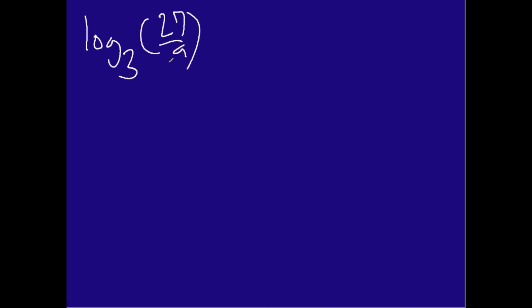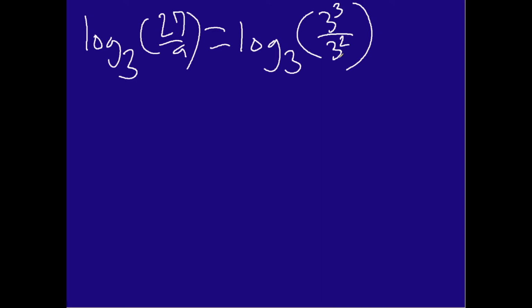The first thing we have to do is put our 27 and our 9 in the same base as our log. So it'll be log base 3 again, and inside the parentheses we'll have 3 to the third power over 3 squared.